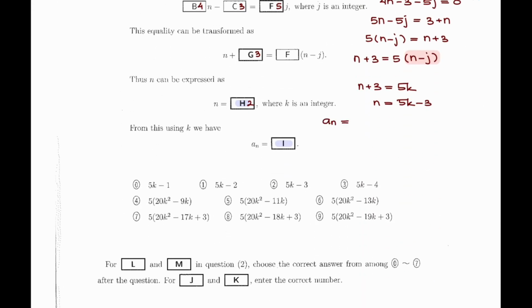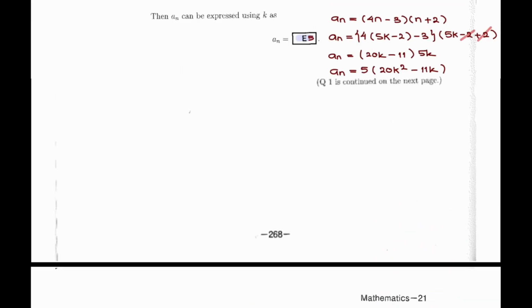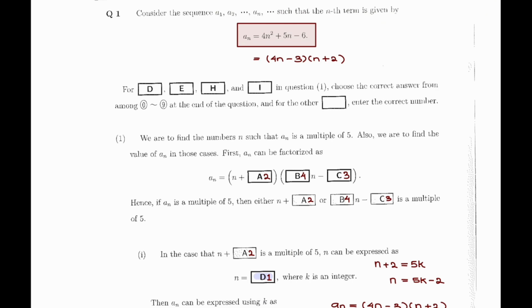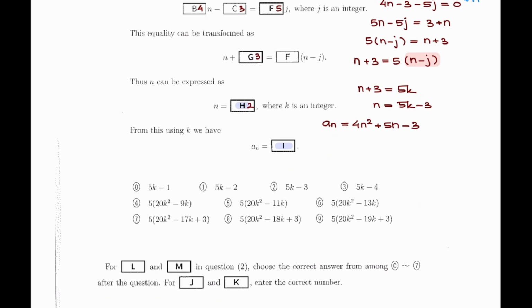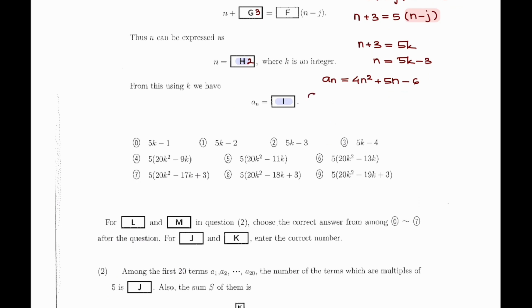An is equals to 4n squared plus 5n minus 3. Let me check once again. 4n squared plus 5n minus 6. And then I will substitute n into 5k minus 3. Then I got an is equals to 4 times (5k minus 3) squared plus 5k minus 3, negative 6.